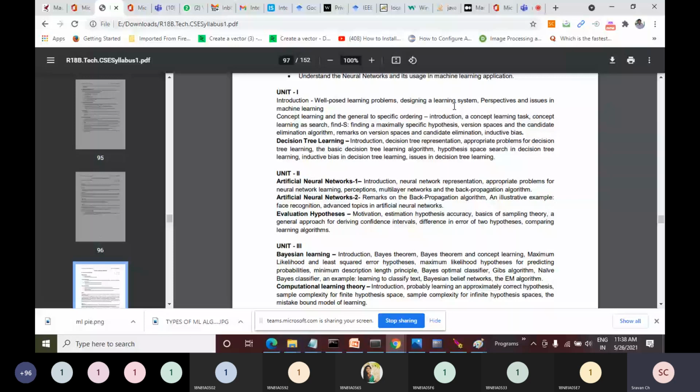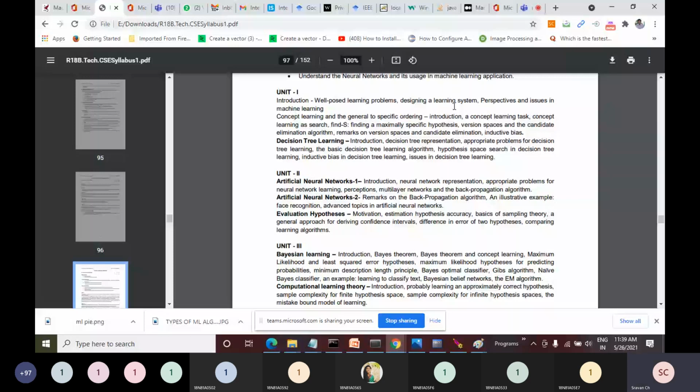Then we saw the perspectives and issues in machine learning. Then we started concept learning, or inductive learning, with the Find-S algorithm, the candidate elimination algorithm and decision tree learning. Even decision tree comes under inductive learning. After that we saw the issues in decision tree learning. So this is Unit 1.